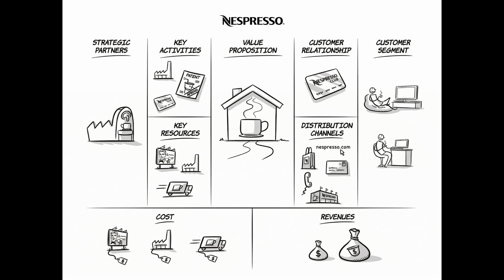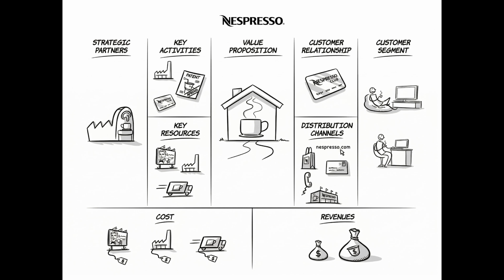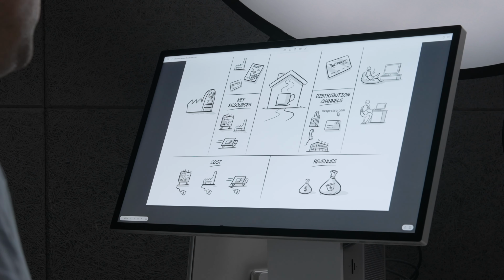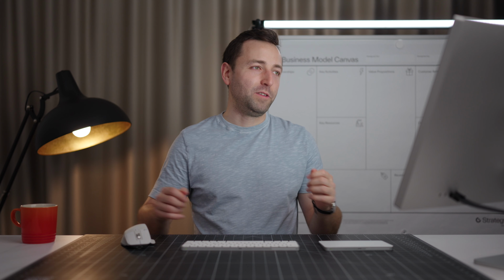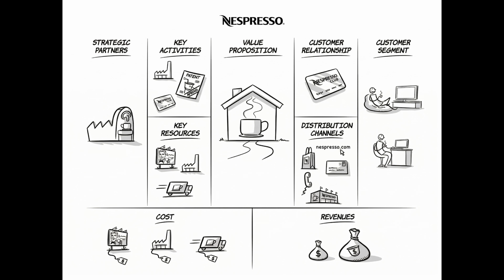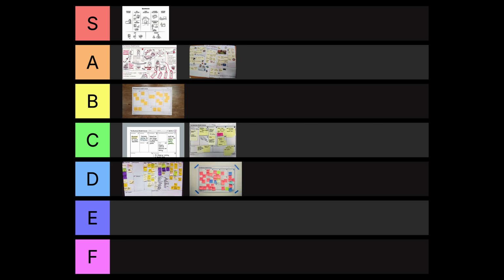So a key resource, they've put George Clooney on the billboard there, which I think is absolutely brilliant to show that. The costs are super clear with the price tags, and it shows the revenue, they get money from both selling the Nespresso machines, but also the Nespresso pods. Just genius.